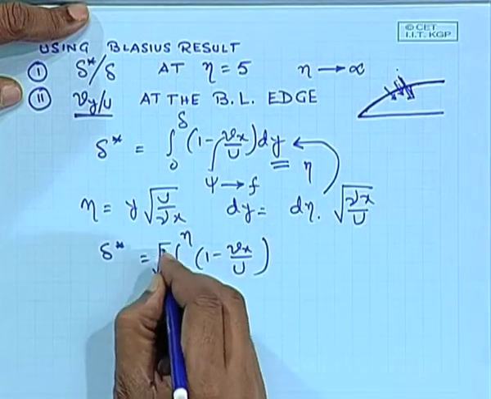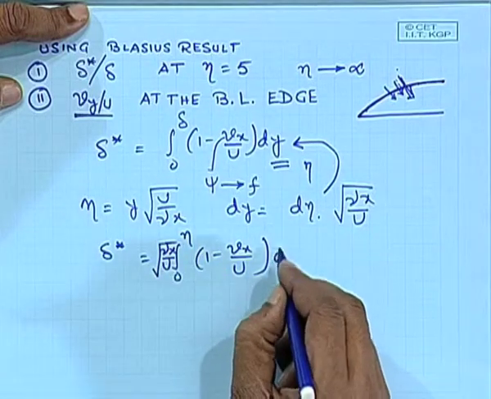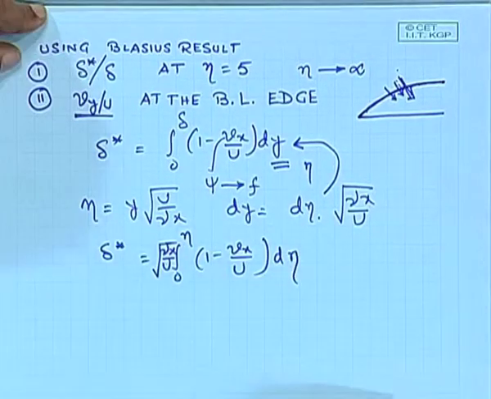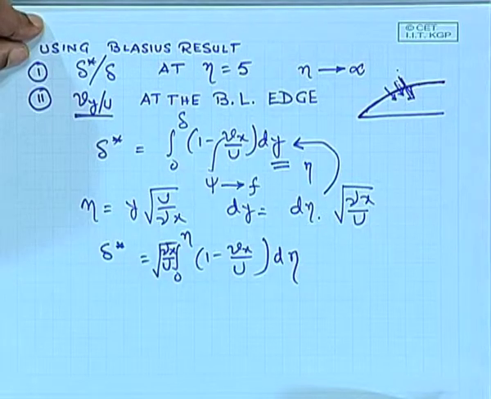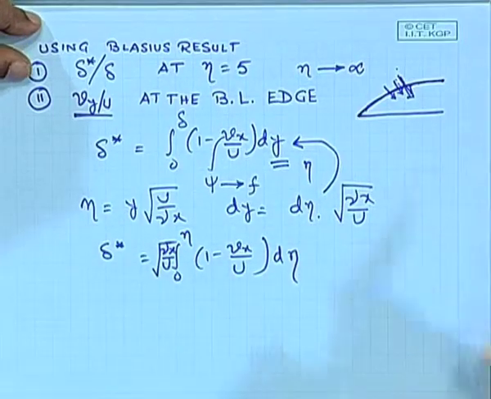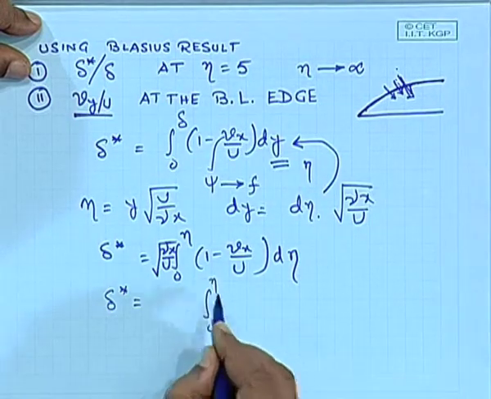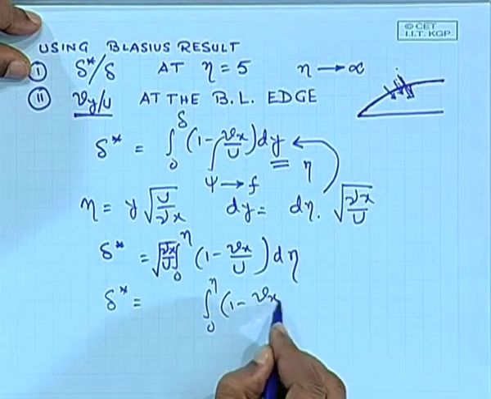This root over nu x by u would come outside, and instead of dy it is becoming d eta. That's the step which I guess all of you can follow now.